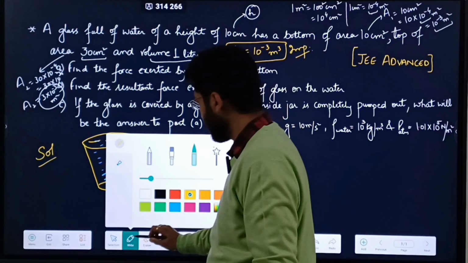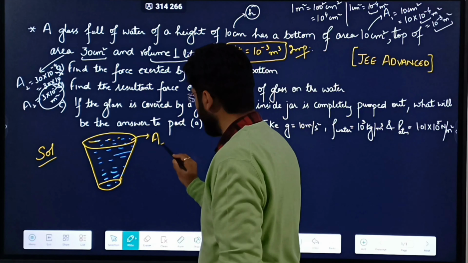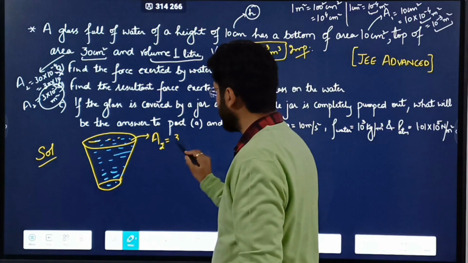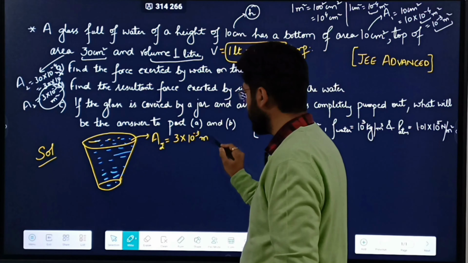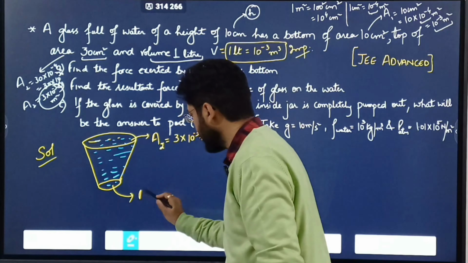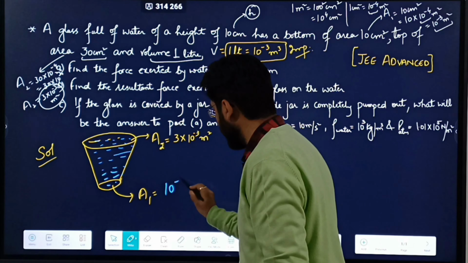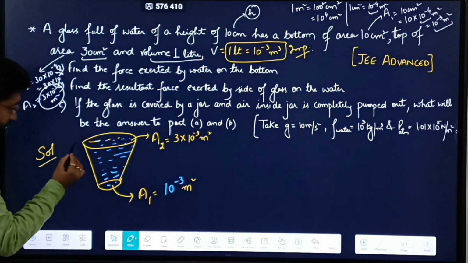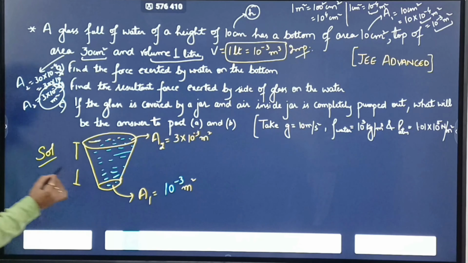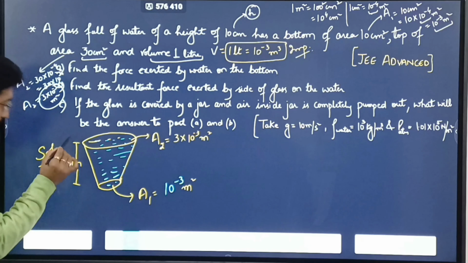This is the top area which is given by A2 equals to 3 into 10 raised to power minus 3 meter square, and bottom area is given, we denote it by A1, which we calculate 10 raised to power minus 3 meter square. And here the height, which is also given 10 cm, which means 0.1 meter.